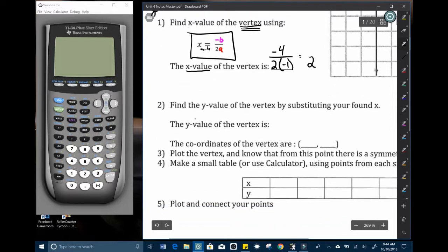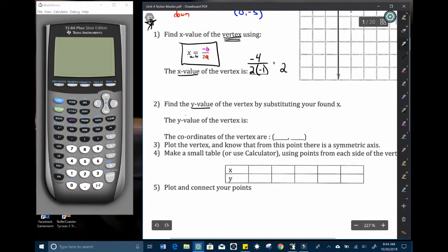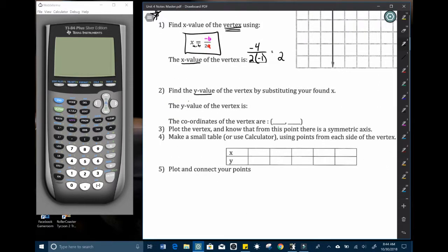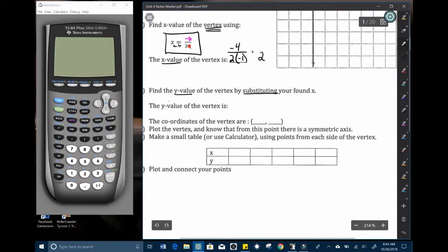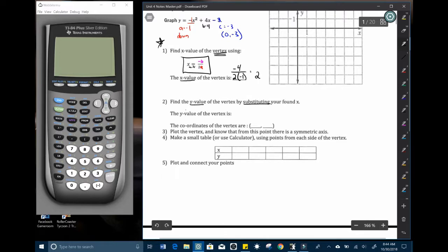Now you need to find the y value. The vertex is a coordinate point, which means that in order to plot it, we need to substitute back into the equation. The equation is negative x squared plus 4x minus 3. We substitute 2 in for x.